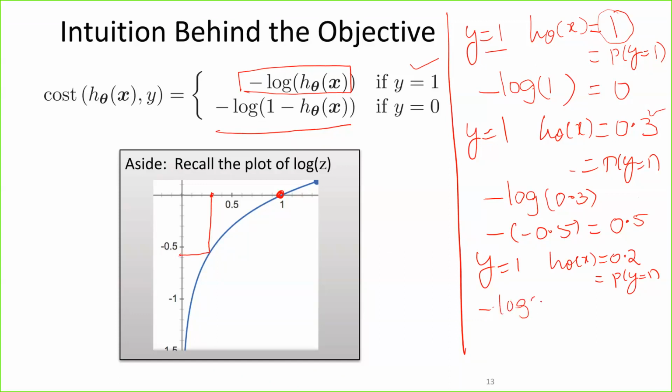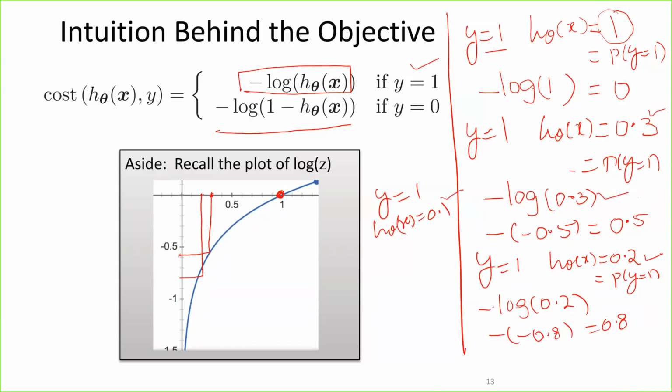So how much penalty do we add in this case? Minus log 0.2. And what is log 0.2? It would be around minus 0.8 or 0.75. So minus of minus 0.8, 0.8 penalty you are adding. Now let us deviate it more. y equals 1 and h theta of x is 0.1. Earlier it was 30% confident, later 20% confident, now only 10% confident about the correct prediction.